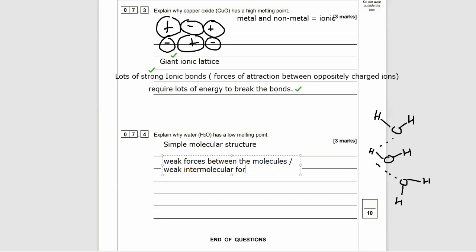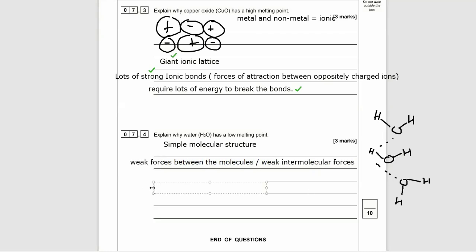And then we say it does not need a lot of energy to break, or only needs a little energy to overcome the forces. So with simple molecules with low boiling points and melting points, you are breaking forces, not bonds. You're breaking the intermolecular forces between the molecules. And they are simple structures, and that is the end of the test.